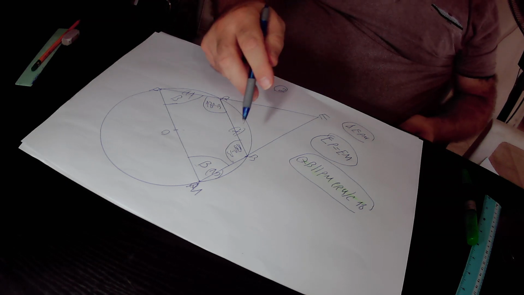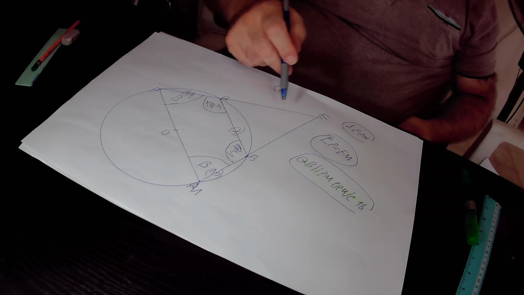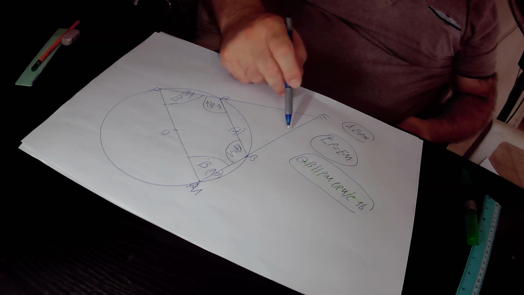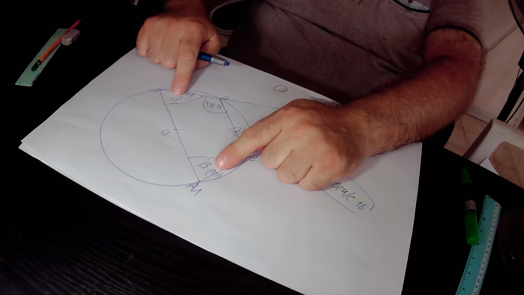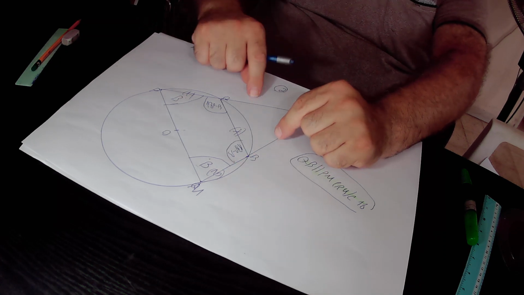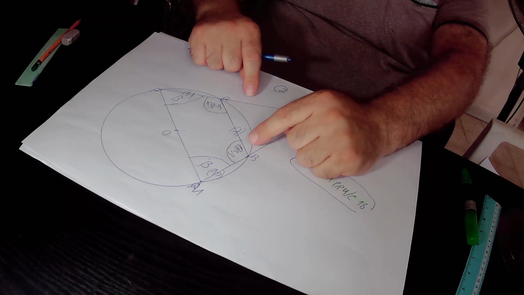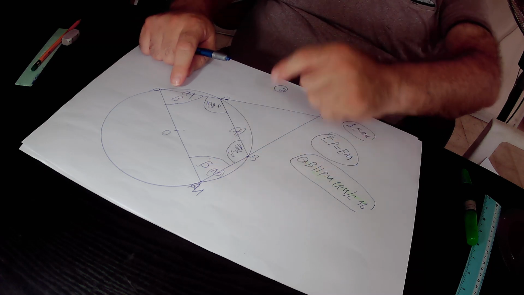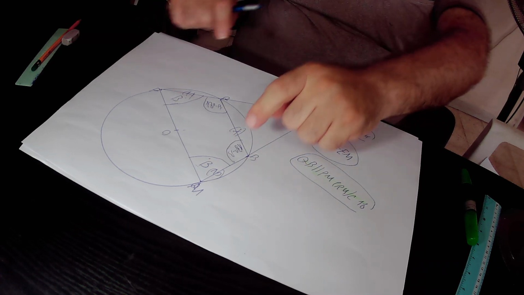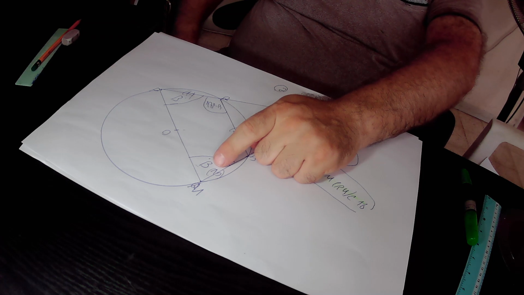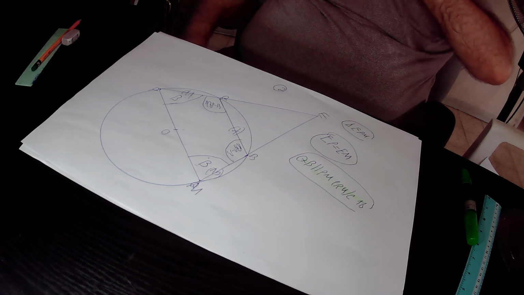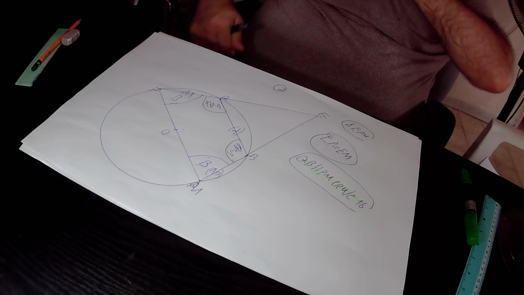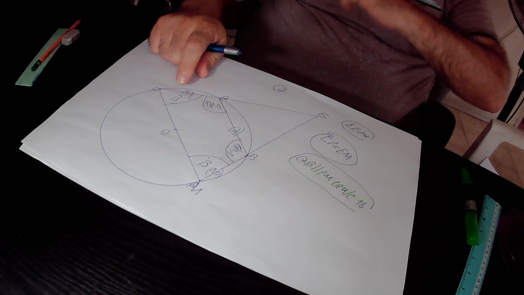And PE equals EM. Opposite PE we have this angle, and opposite side EM we have this angle. Because those two angles are located opposite two equal sides, they must be equal in size. So if the size of this angle is beta, then the size of this angle must also be beta. So those two angles are both equal to beta.